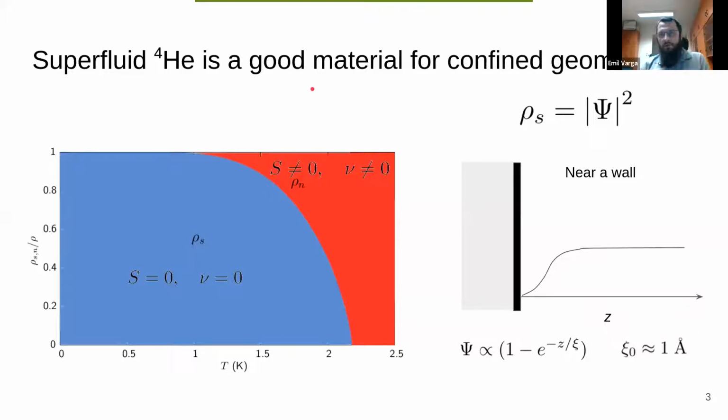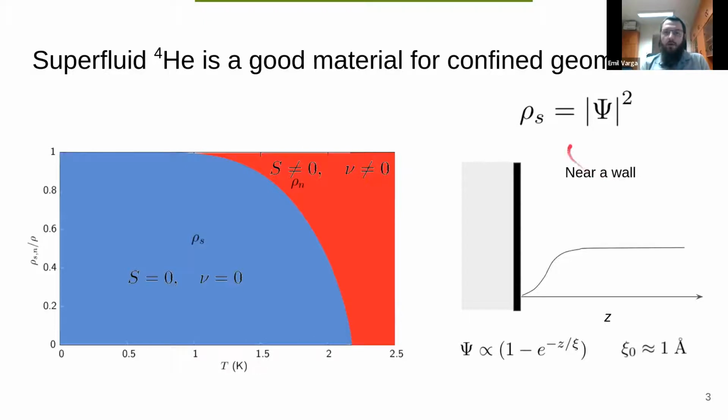Now, this is basically what happens in the bulk, but since we're talking about confined geometries, we have to very briefly discuss what happens near a wall. At this 2.17 Kelvin, we have a second order phase transition, and with second order phase transitions, we have some associated order parameter. In the case of helium-4, the order parameter is the macroscopic wave function that is related to the more complicated, but basically Bose-Einstein condensation in the helium, and the superfluid density in some normalization is equal simply to the modulus square of the order parameter.